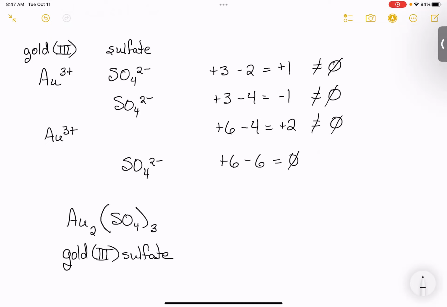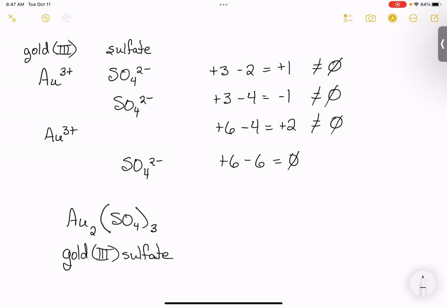Questions? Don't they account for the number of sulfates you have? Why is it not like go along the trail? Okay. First of all, why did we not include prefixes to tell us how many?